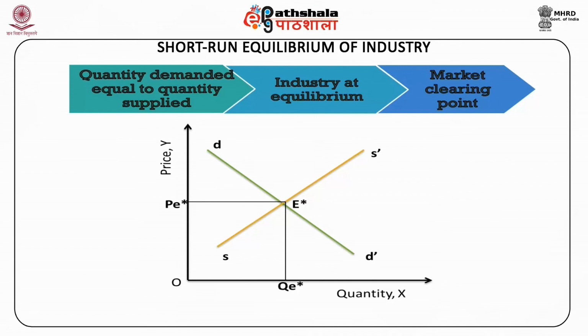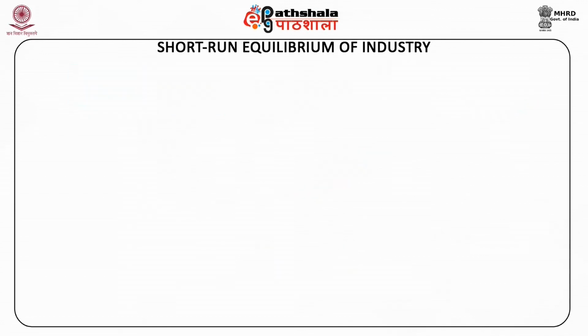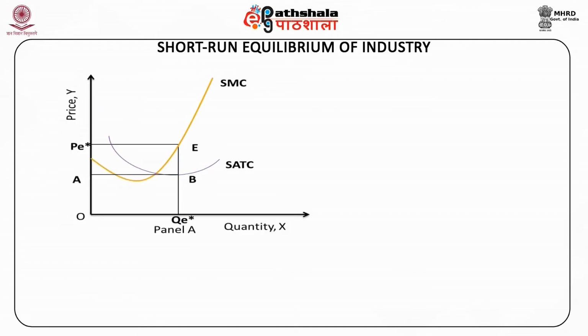The industry is in equilibrium at the price PE star at which the quantity demanded and the quantity supplied are equal to QE star. In the short run, the firms may earn excess profit as seen in panel A, wherein the area PE star EBA represents the profits.